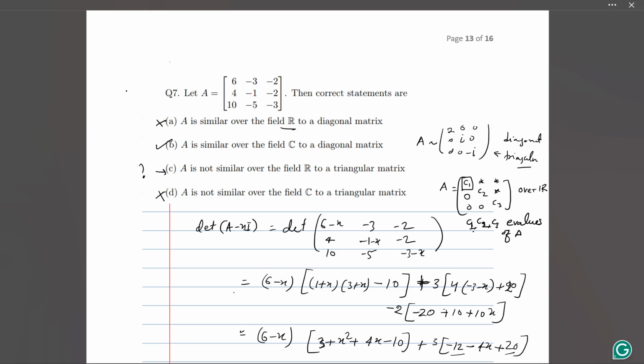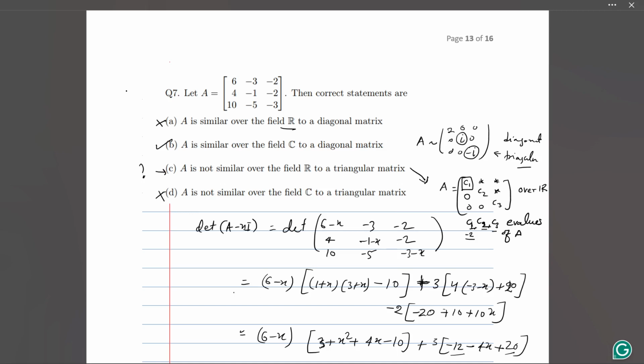Let's say C1 is equal to 2, right? But C2, C3 are I and minus I. We know the eigenvalues, right? So what if A is having this triangular form?